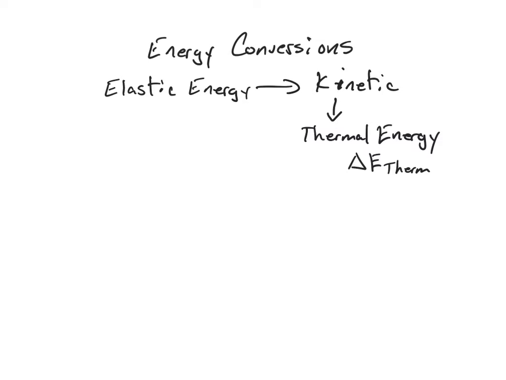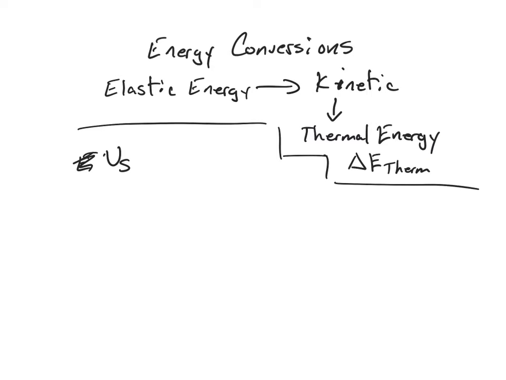Now, the mechanism for that change in energy is force. And so in the case of converting the elastic energy to kinetic, so Us to KE, the conversion is happening because of the elastic force on the cart.